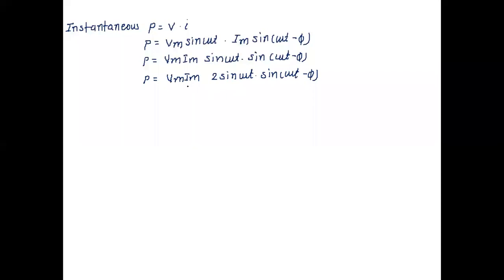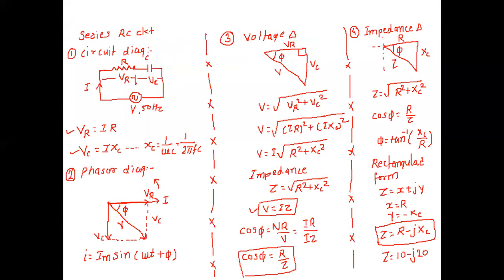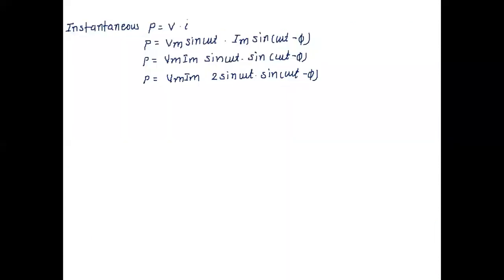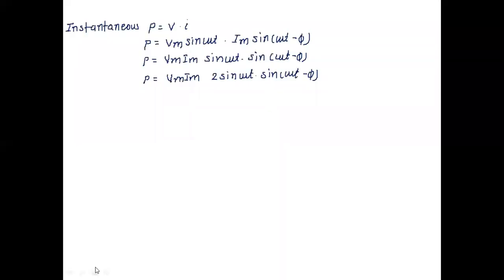Okay. Is it a minus phi or a plus phi here? It's a plus phi because it's a capacitive circuit. It's my mistake, let me correct it. In the capacitive circuit, the current will lead the voltage. So it's a plus phi, and I can write it down upon 2. Okay, because we know this formula, 2 sine A sine B. So I just make it like that.